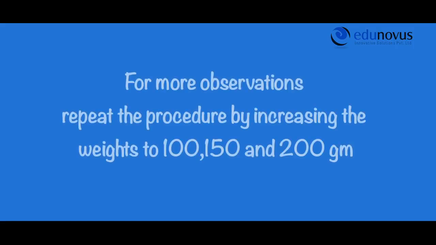For more observations, repeat the procedure by increasing the weights to 100, 150 and 200 grams. And in each case, we calculate the time period T and square of the time period.